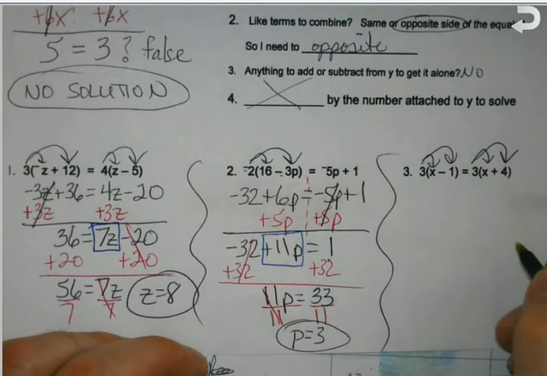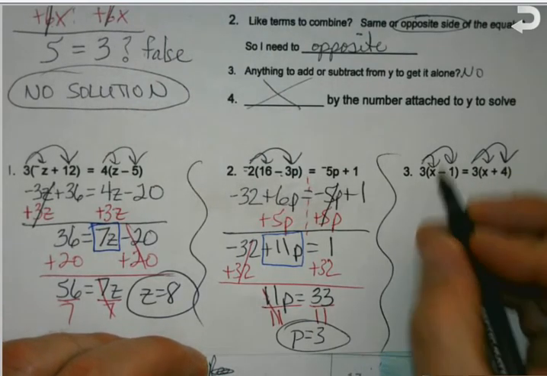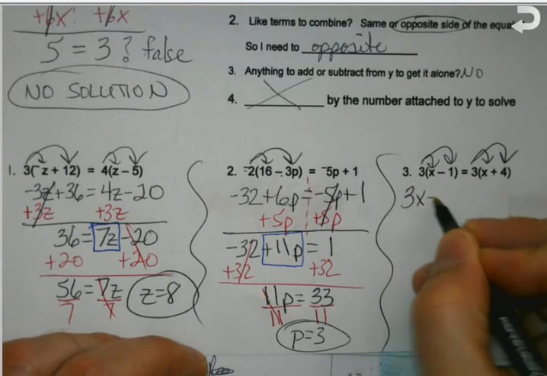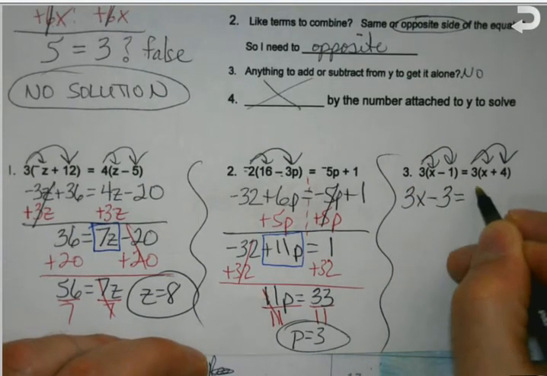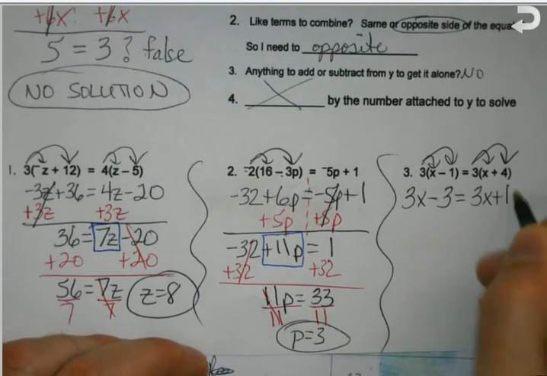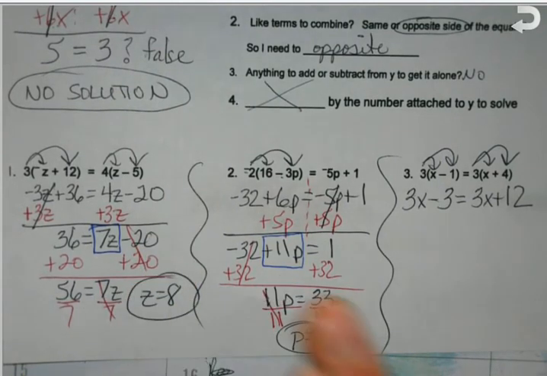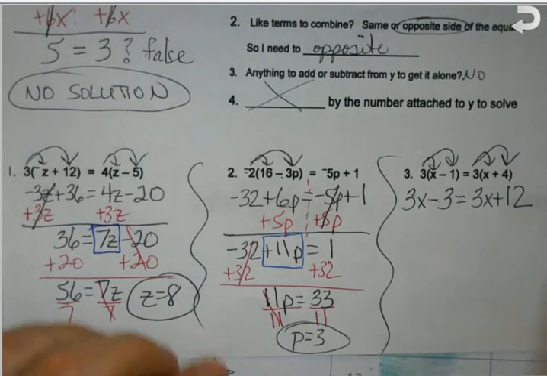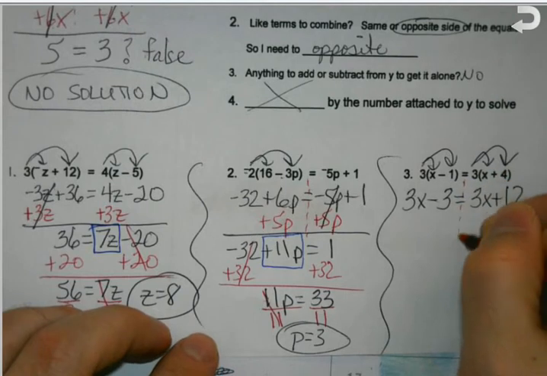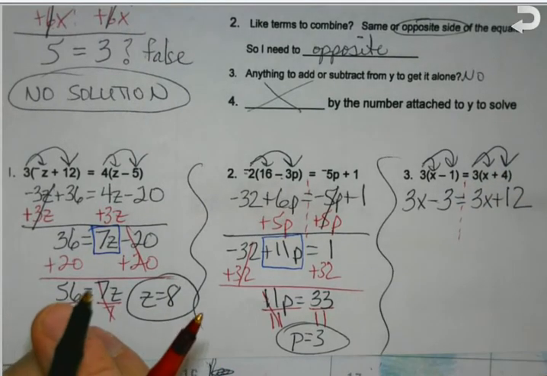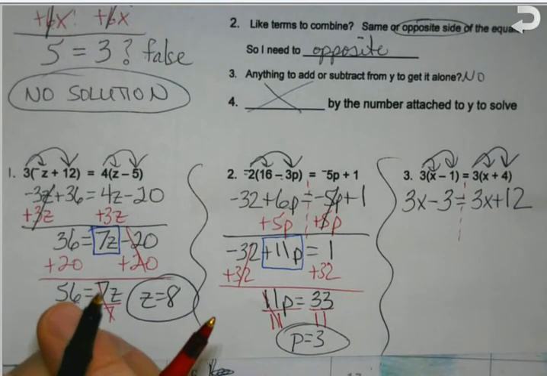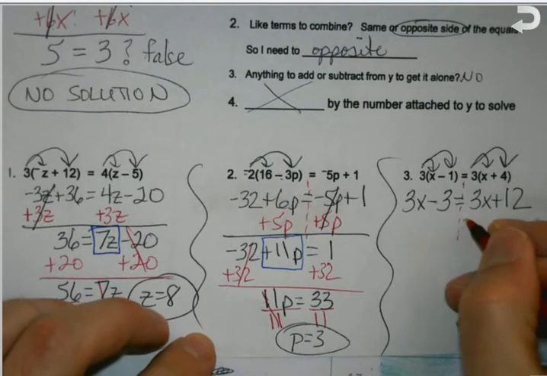All right, so what's the left side of my equation going to look like when I distribute? 3x minus 3, 3x plus 12. The one we're doing right now is just examples. How do I get all my x's together?